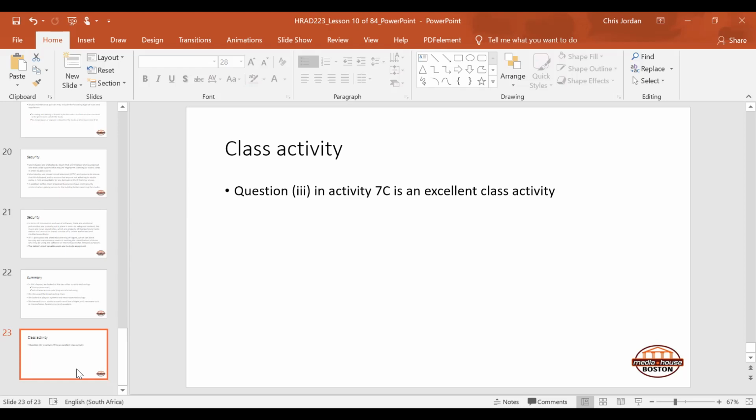On the page, yeah. 7A, 7B, and I've got 7E coming up. Here we are. We're on page 285.